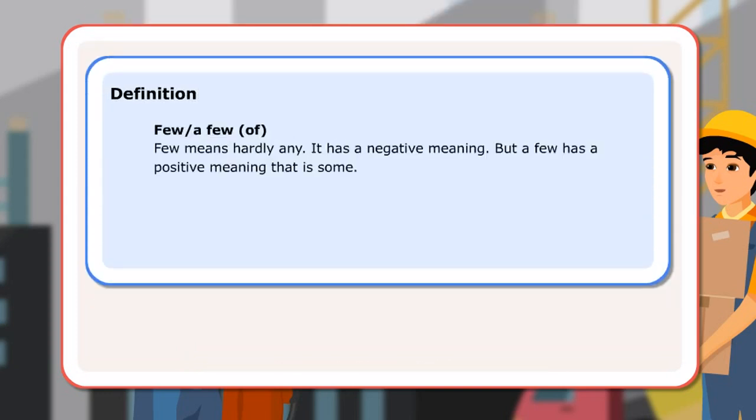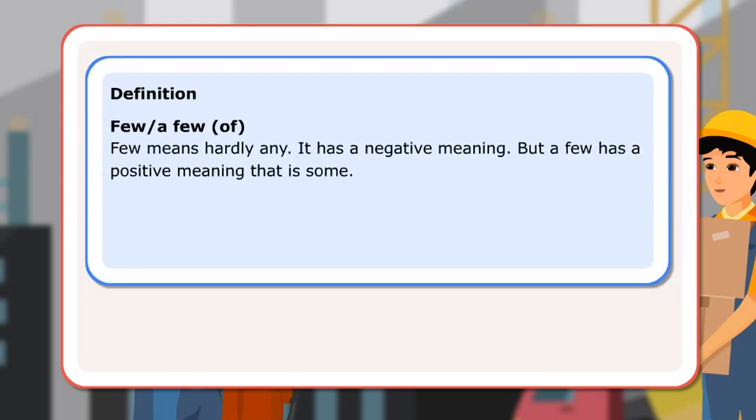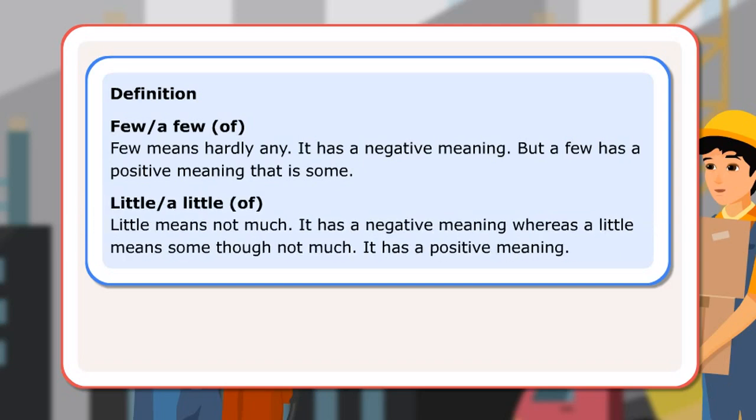Definition: few or a few of. Few means hardly any. It has a negative meaning. But a few has a positive meaning, that is, some. Little or a little of. Little means not much. It has a negative meaning, whereas a little means some, though not much.